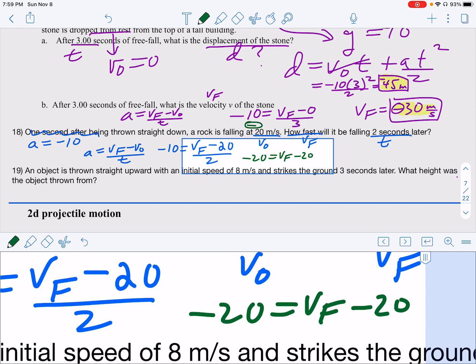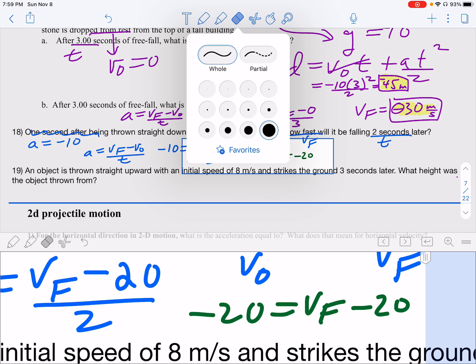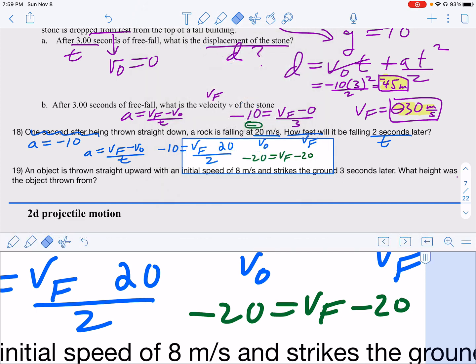When I did this, I should have said minus a negative 20, so that's basically plus 20. So VF is equal to negative 20. Subtract 20 from both sides. So this would come out to negative 40 meters per second.